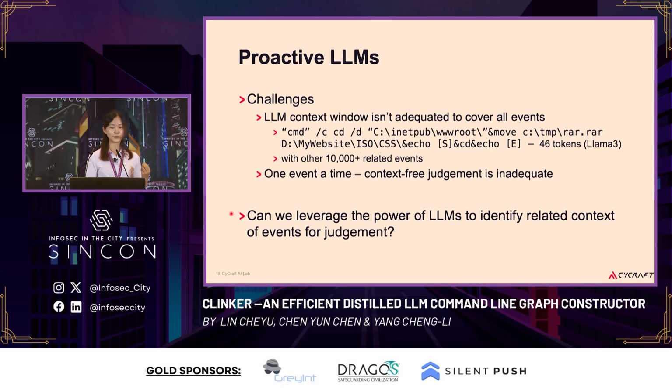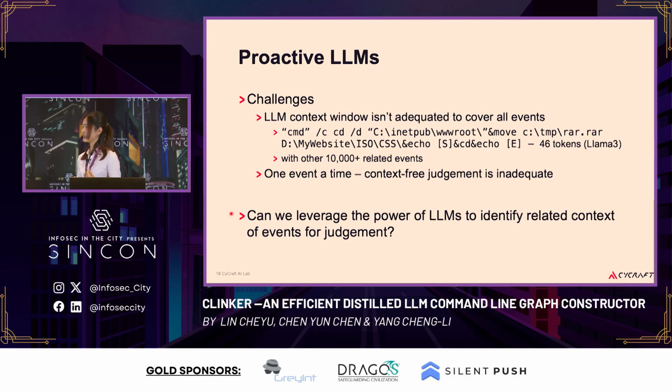First, we have to recognize a key limitation. That is, LLMs have a limited context window. They simply can't take in all events at once. For example, you can see the command listed on the PowerPoint. This single command already has 46 tokens in Llama 3.